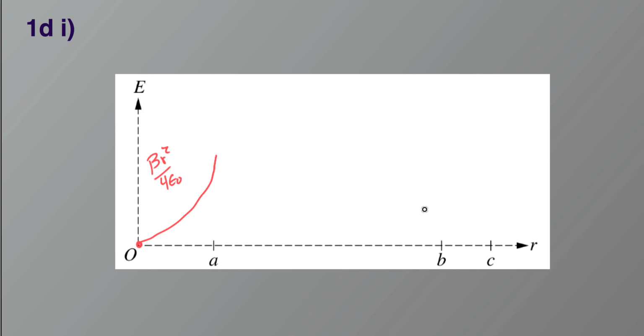From there, we come down something like that. Here we have a discontinuity in the metal itself, no electric field, but because we've got charge on the inner surface, we can have a discontinuity. In this region, we calculated beta a to the fourth over 4 epsilon naught r squared. Maybe not my prettiest hand-drawn graph, but I think you get the idea of what the electric field would look like in that region.